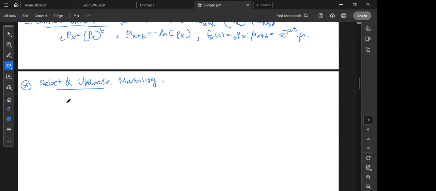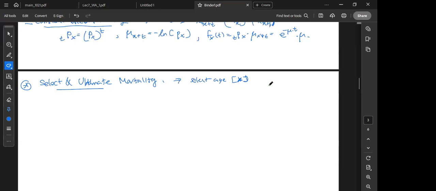So we denote the select age like this. This means the person buys the policy at age X, but subject to some conditions.